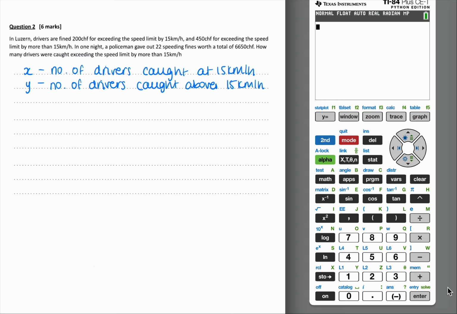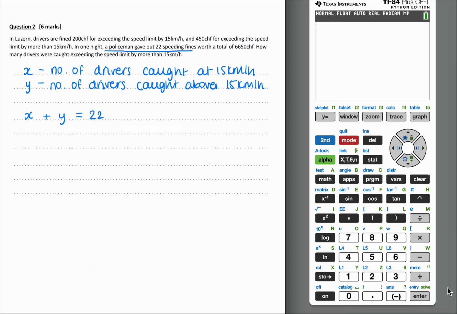So it tells me that the policeman gave out 22 speeding fines. So that means that however many he gave out, above and below 15 kilometers per hour, they have to add together to make 22. And we're also told that there is a 200 franc charge for exceeding the limit by 15, and 450 for more than 15.